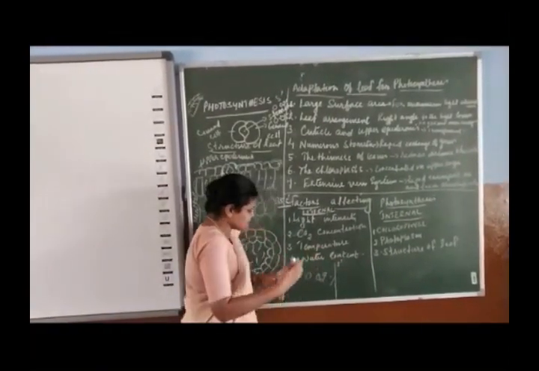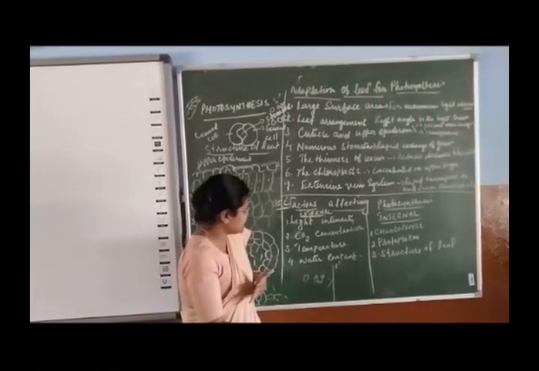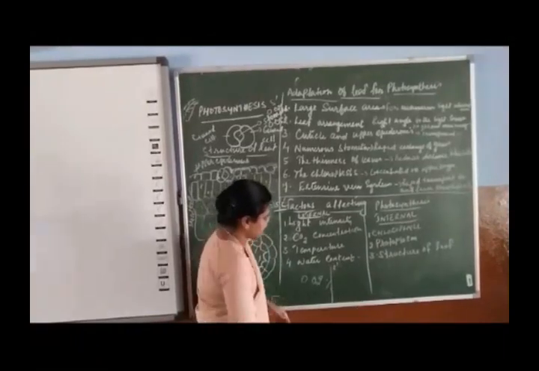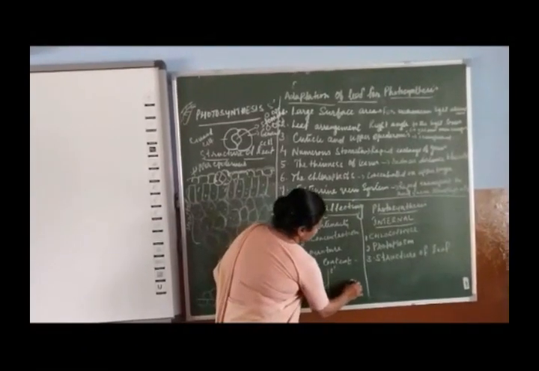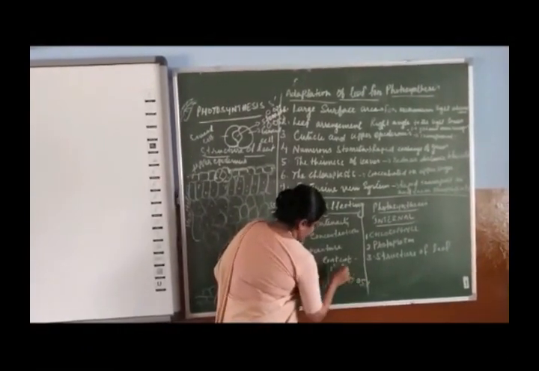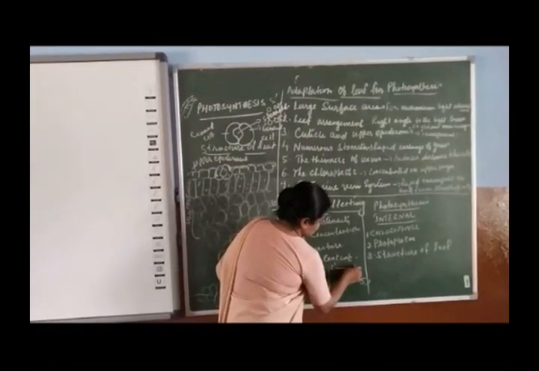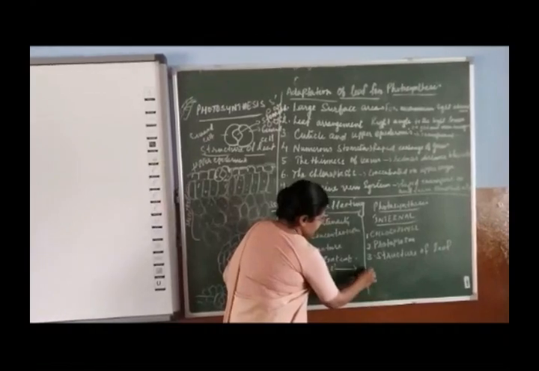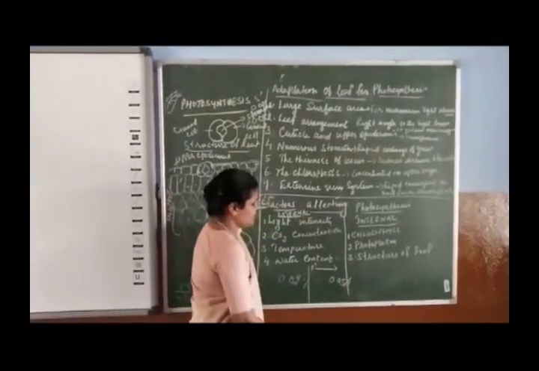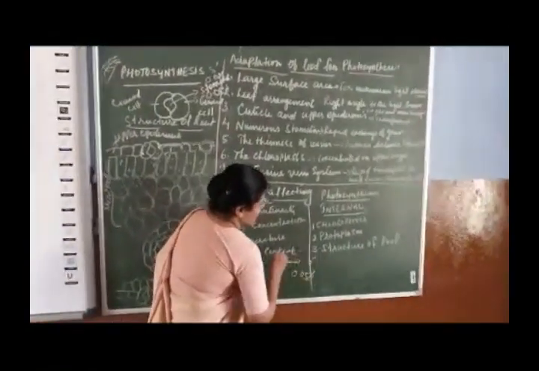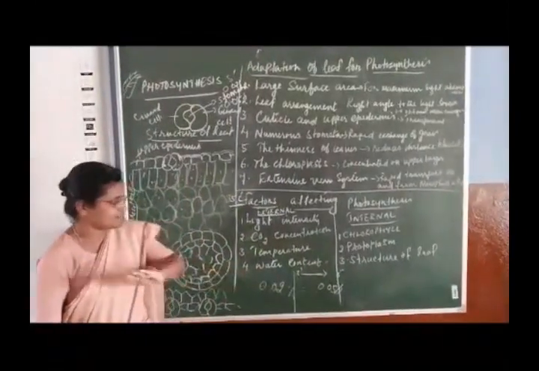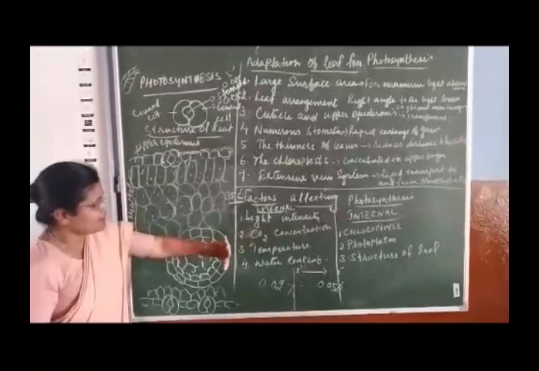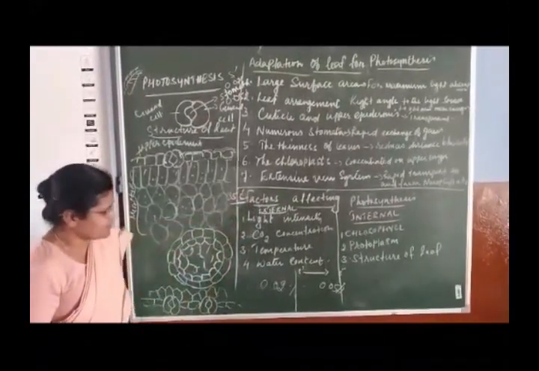Then suppose there is greater intensity of light, and the carbon dioxide availability goes on increasing up to 0.05%. Even though there is intensity of light, once it reaches 0.05% availability of carbon dioxide, it reaches saturation point 2, and with that it gets constantly stabilized. That is about light and carbon dioxide affecting the rate of photosynthesis.